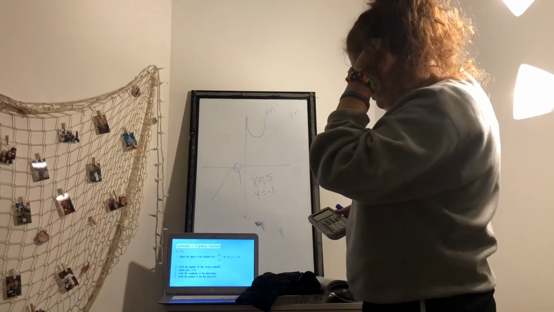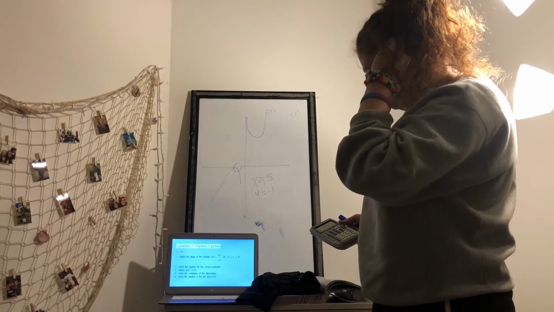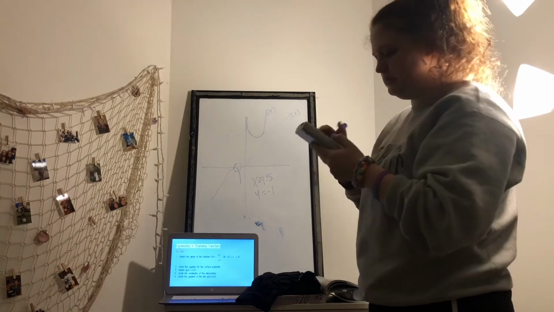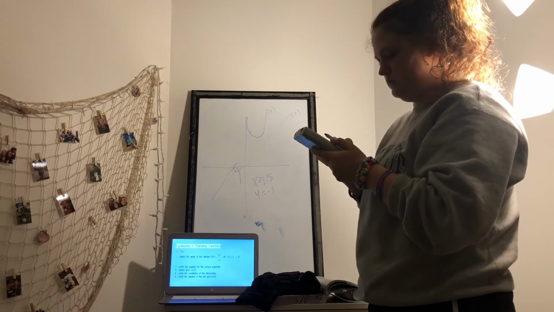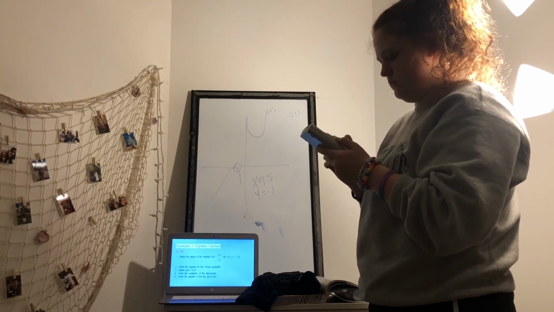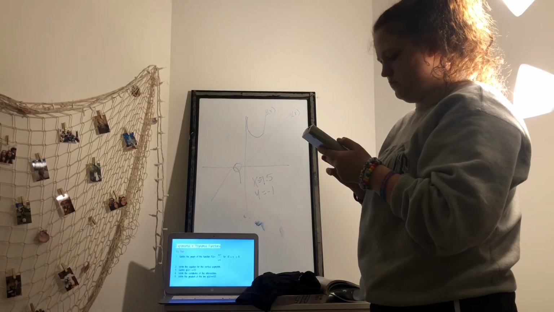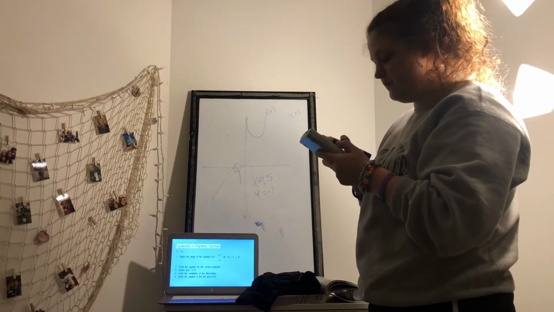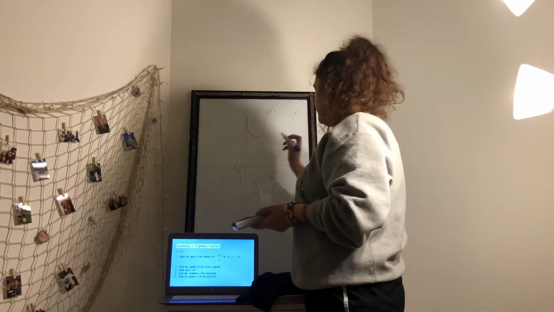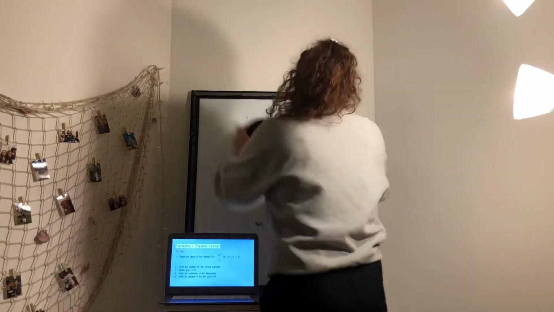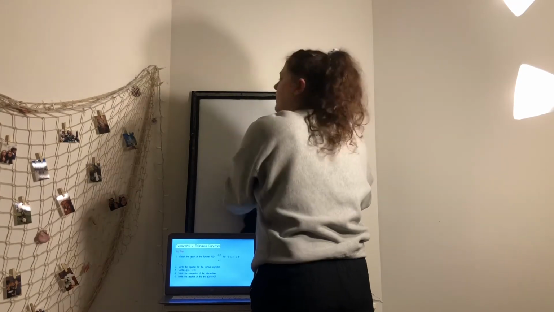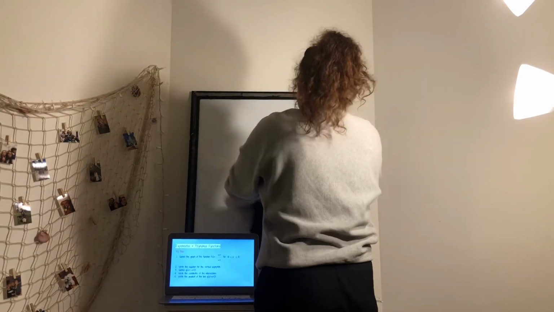And then write the gradient of the line g of x equals x plus 0.5. So for this, you would do the slope equation, which is y2 minus y1 over x2 minus x1.